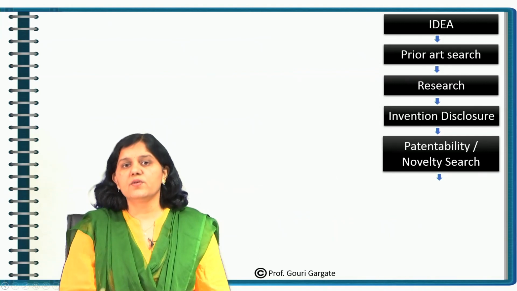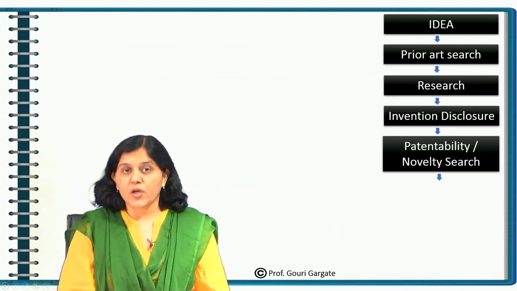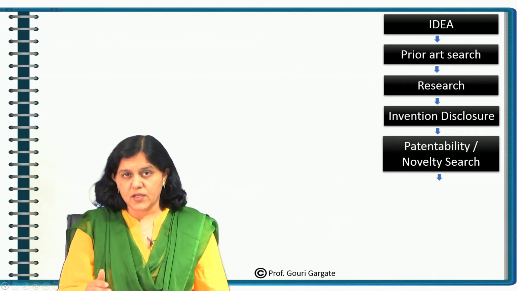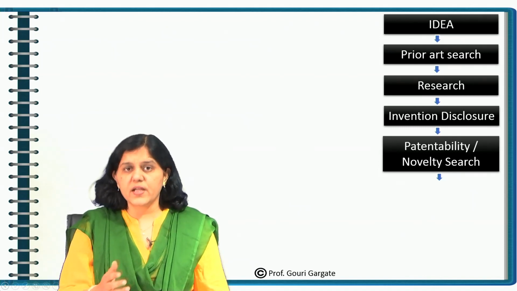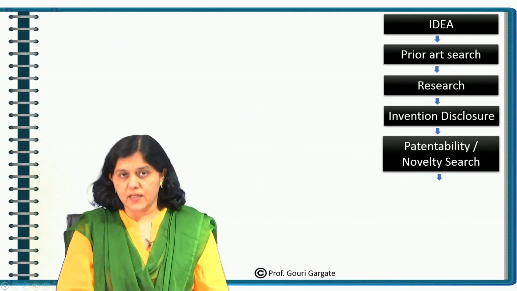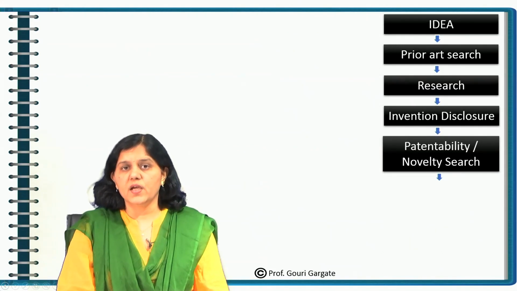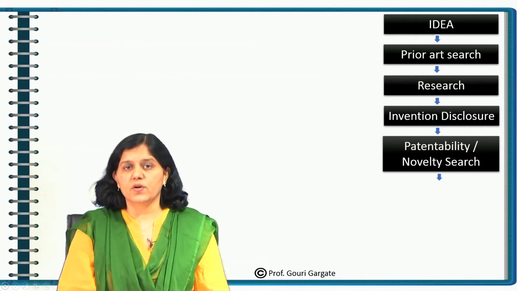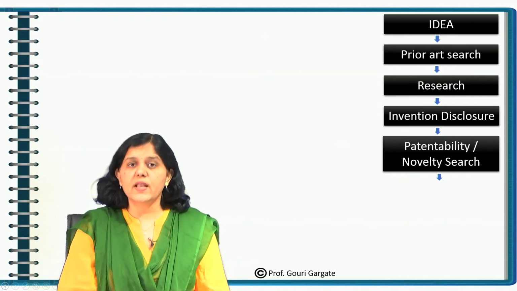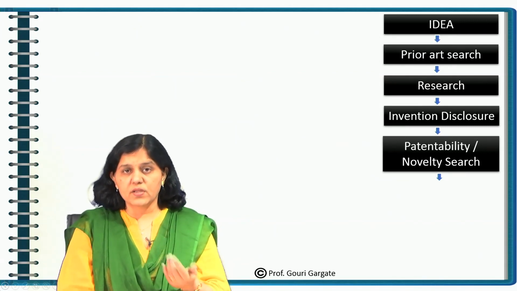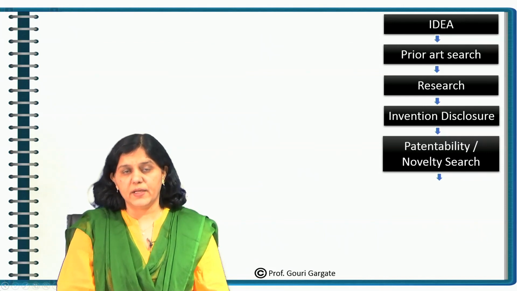You yourself can do this patentability search. You will require a patent database to check novelty. There are free public patent databases. In an upcoming module this week, we have dedicated one module on how to use public patent databases. This will help you dig out the patents and check the patentability.